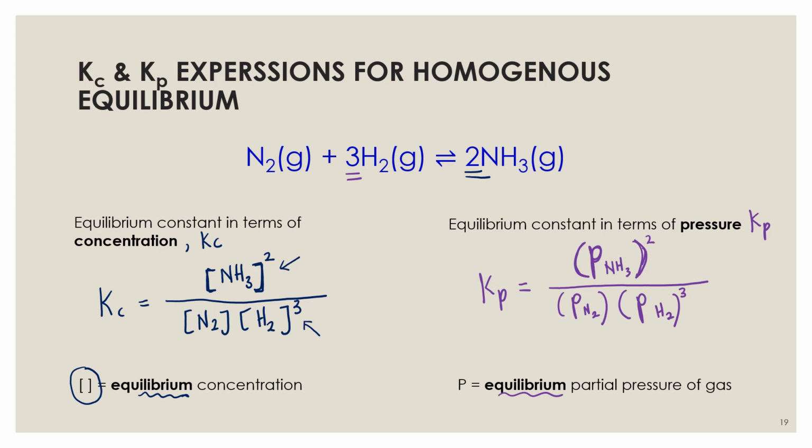So when we have a gas phase, a homogeneous gas phase, we can write both Kc and Kp. But if we have a homogeneous equilibrium where the phase is aqueous, we can only write the Kc expression, and there will be no Kp for aqueous solution.